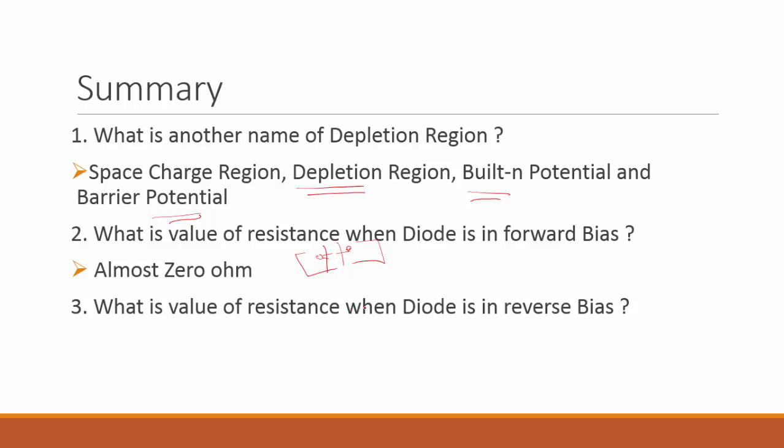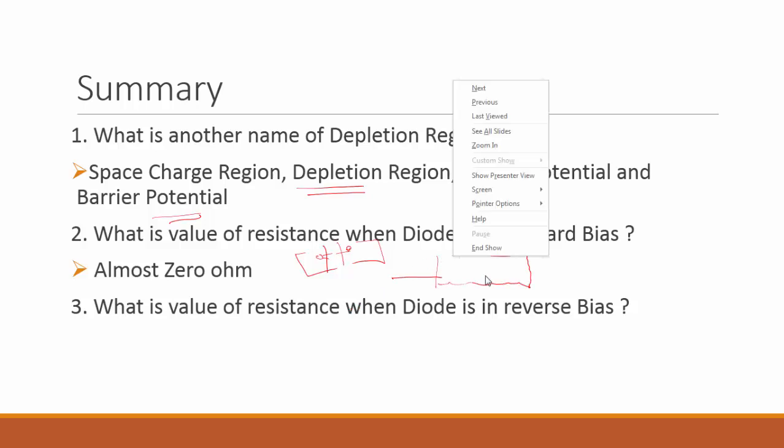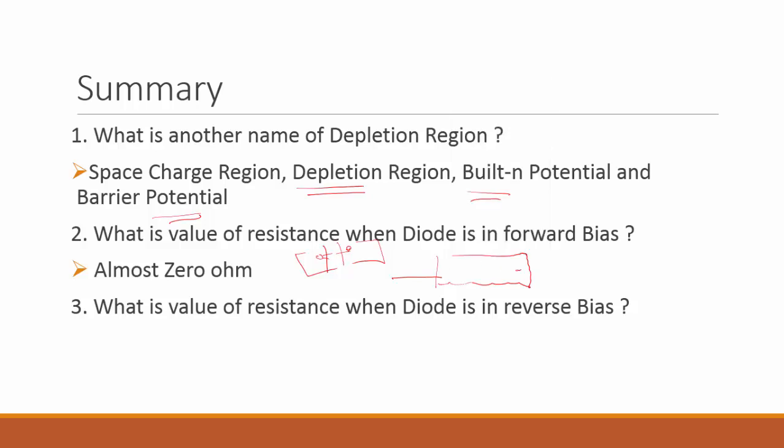So what should be the resistance when the diode is in reverse bias? When the diode is in reverse bias in the PN diode, look at the depletion region. The depletion region is wider.